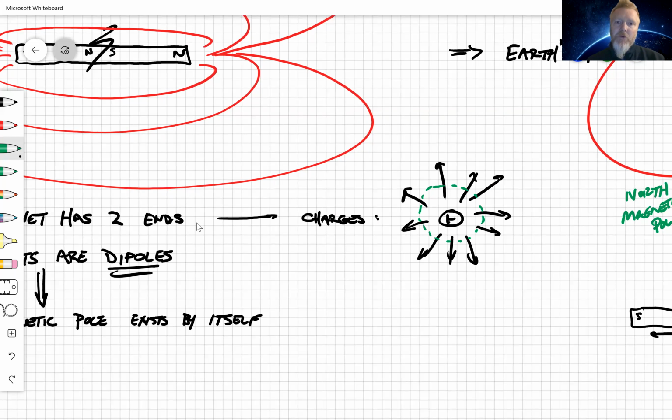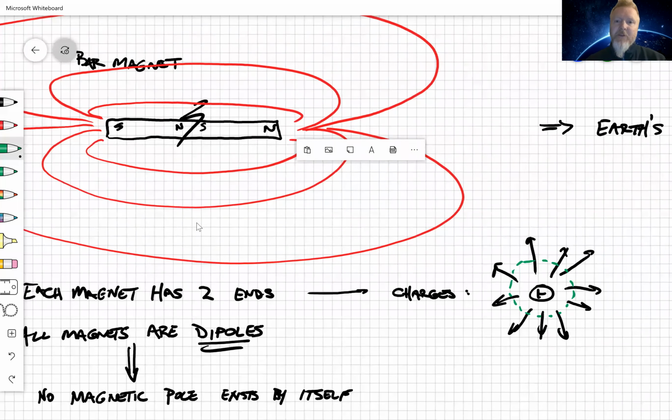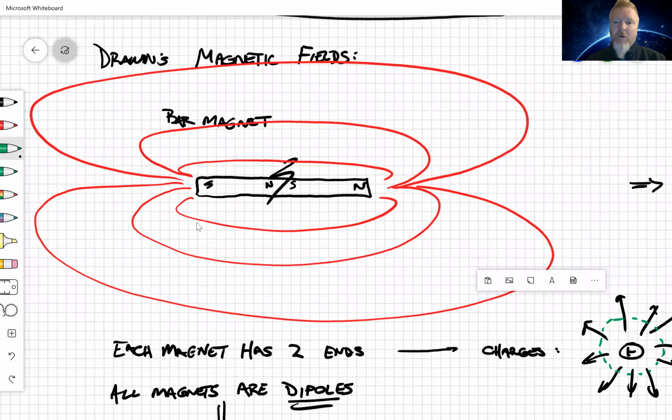Well, if I try to do the same thing to a magnet, what this is telling me is that if I try something like this, here's the North Pole, you're going to say, well, look, what's funny here is it seems like I've got some outward pointing magnetic field lines.